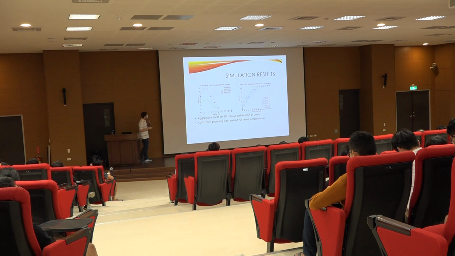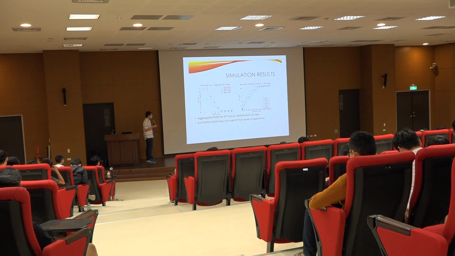Now, what if we look at aggregate service provider profits? Well, this is where it becomes interesting. If we limit the distribution of UEs to, let's say, 3 meters, 4, 5, 6, 7, this effectively means we limit our UEs to be within 3 meters, this is 4, this is 5.